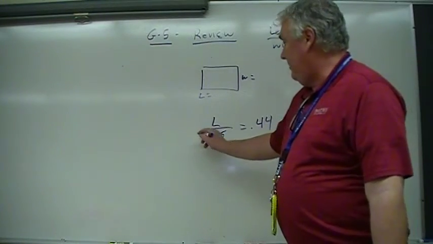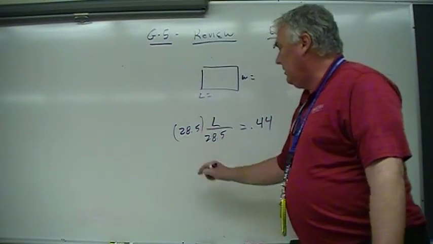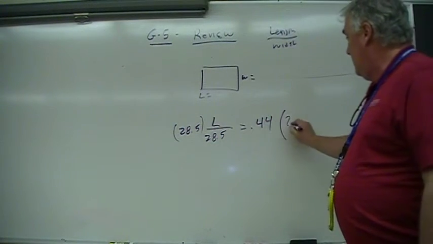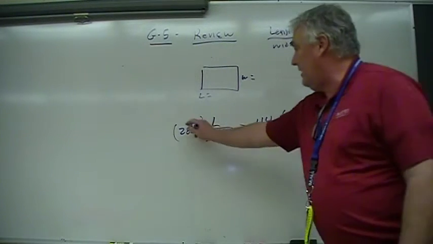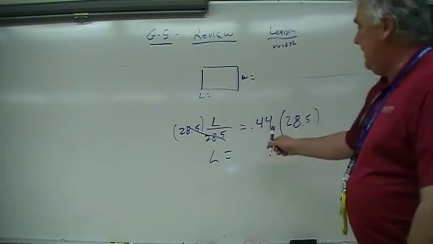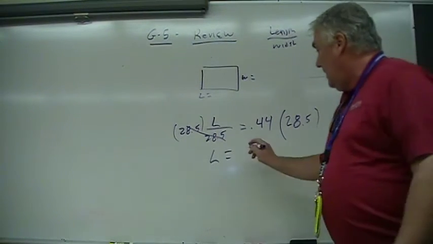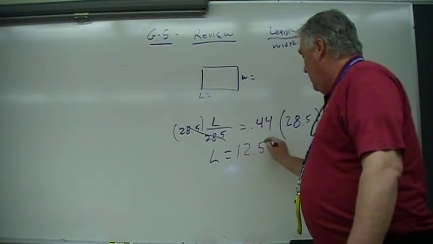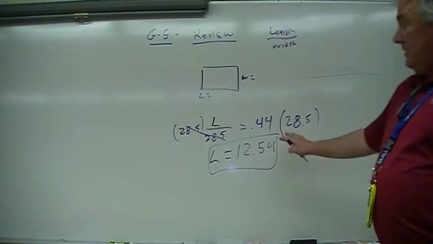Divide by 28.5, so multiply both sides by 28.5. Length will equal 0.44 times 28.5, and you will get 12.54. Okay, so that's the length.